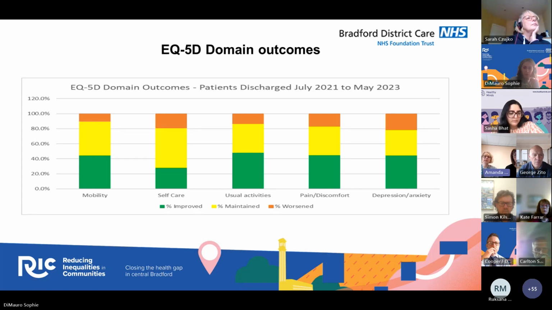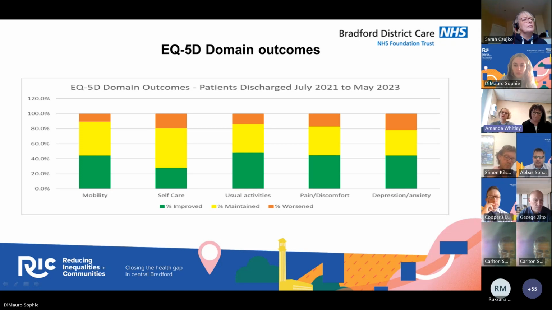EQ5D on here, which is the patient reported outcome. We do that at the beginning when we first see you, and we do it at the end at the point of discharge. The green elements are the bits where we've seen an improvement, and although you might think there's an awful lot of yellow in there, that's where people have maintained.